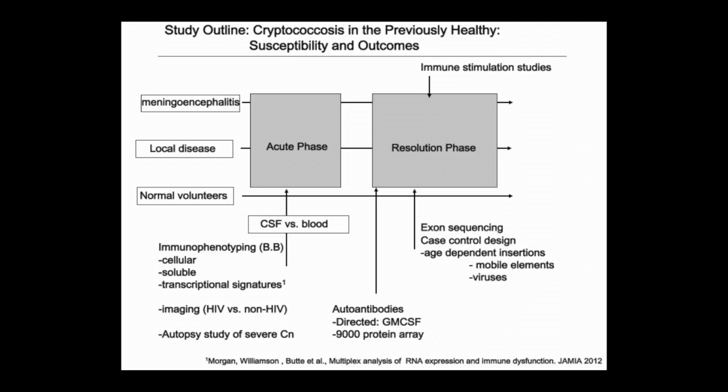We have a protocol where we follow patients with meningoencephalitis. We also have local disease like bone and pulmonary disease. And we have a cast of normal volunteers who voluntarily submit to lumbar punctures as our controls, which is quite a feat. We have an acute phase where we study, and then a resolution phase. This study really started to look at some of the genetic and immunologic susceptibilities behind these infections.